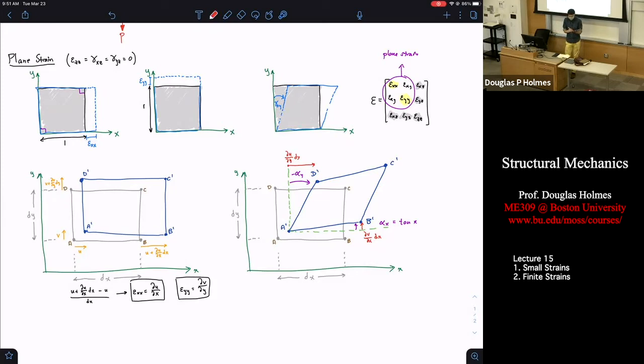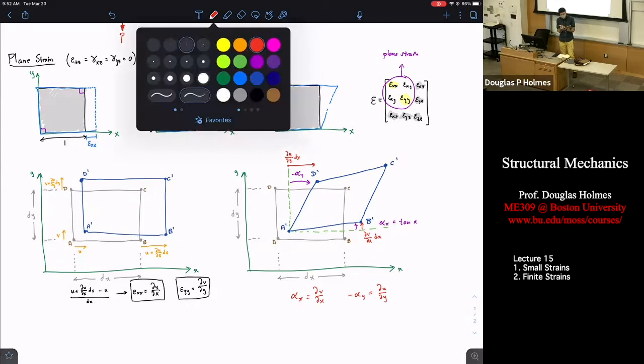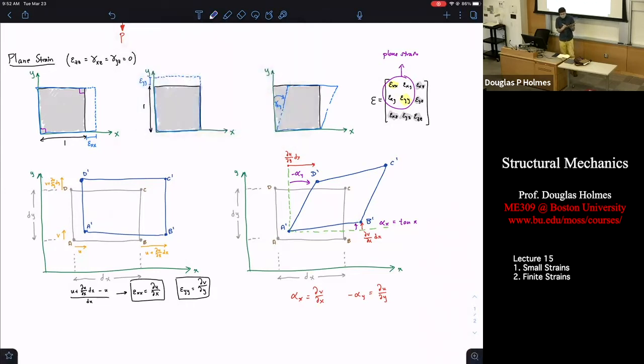And that means we can write our alpha x as dv/dx and negative alpha y as du/dy. And what we're interested in here is the total angular change.